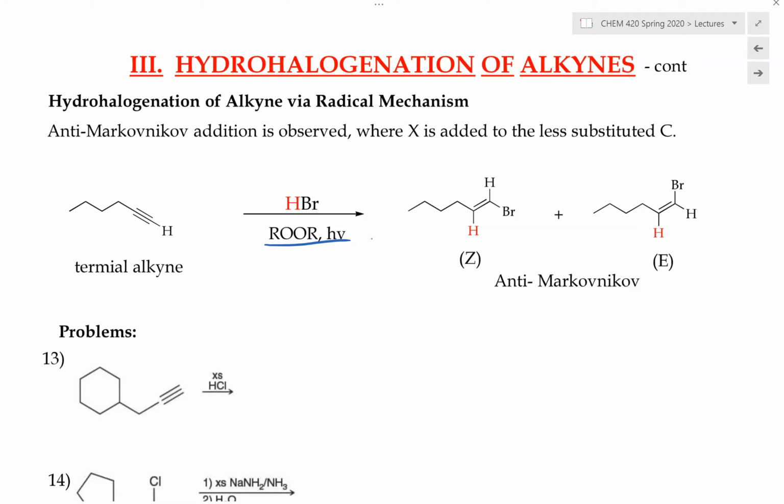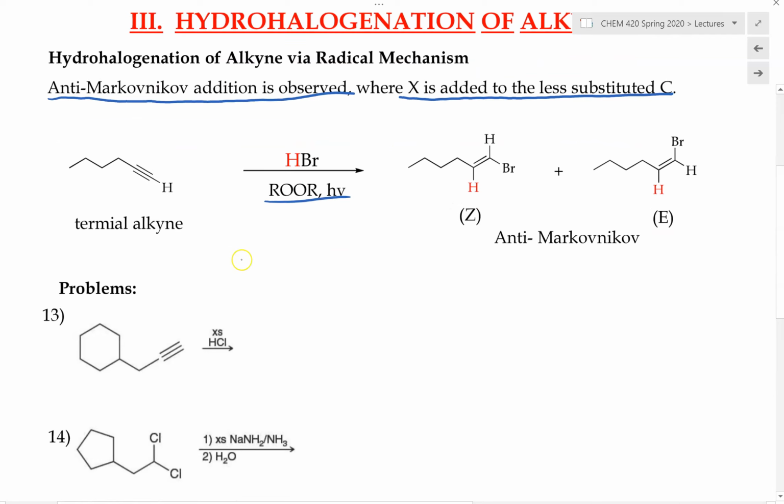So what we have observed is as follows. The same thing happens in the case of the alkyne, where we form the anti-Markovnikov products. And again, the anti-Markovnikov product means the opposite, where now the X is added to the less substituted carbon. So if we have the terminal alkyne and we react this with one equivalent of HBr in the presence of peroxide and light, then we'll be forming this product, where the regioselectivity is that the halogen is added to the less substituted carbon.